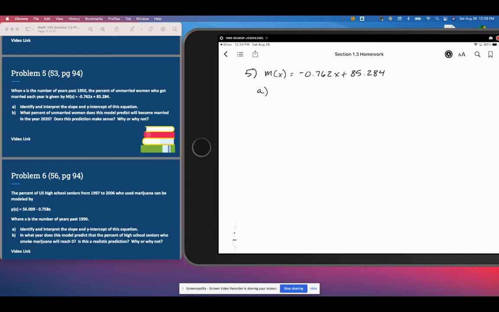We're going to identify and interpret the slope and the y-intercept of this equation. So the slope in this case is going to be negative 0.762, meaning that 0.762% of unmarried women from 1950 forward got married each year.